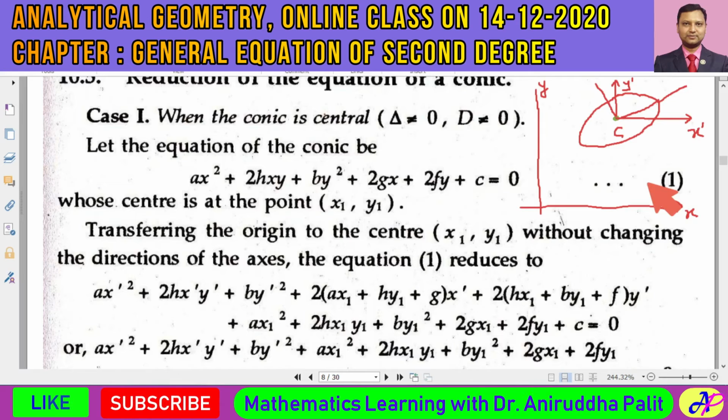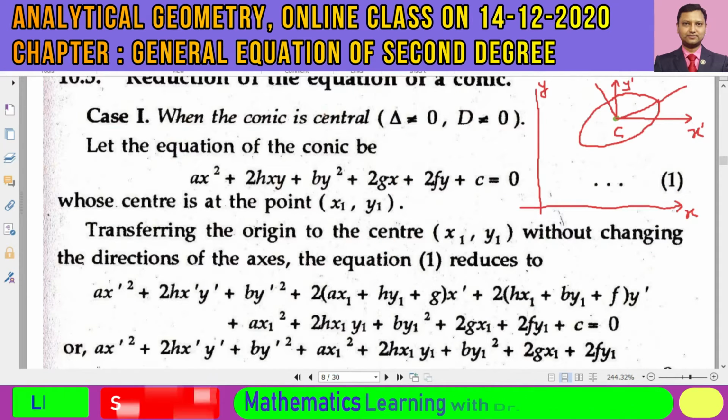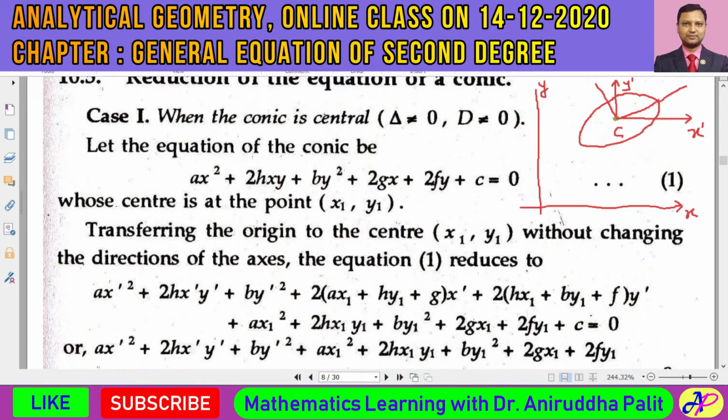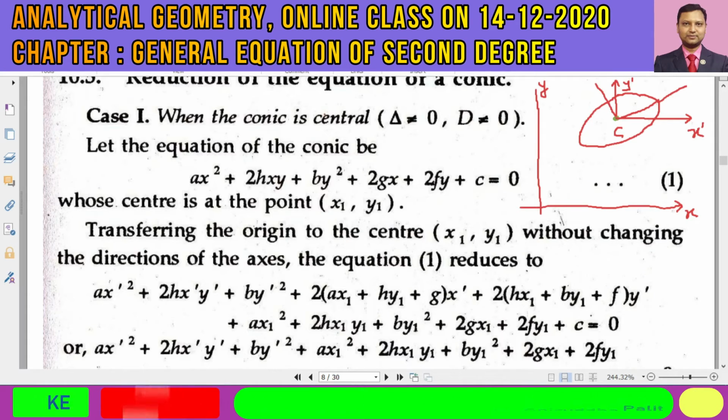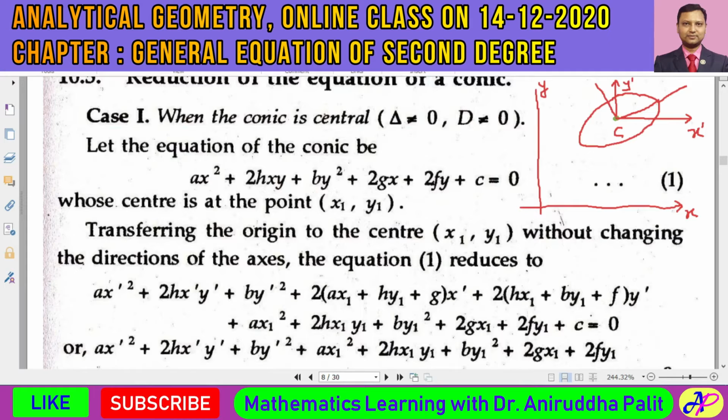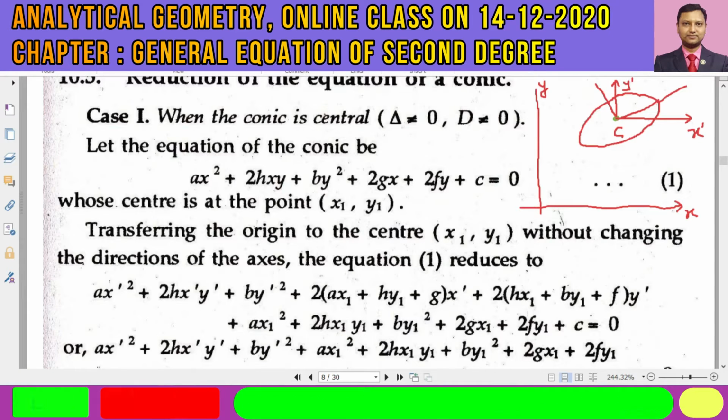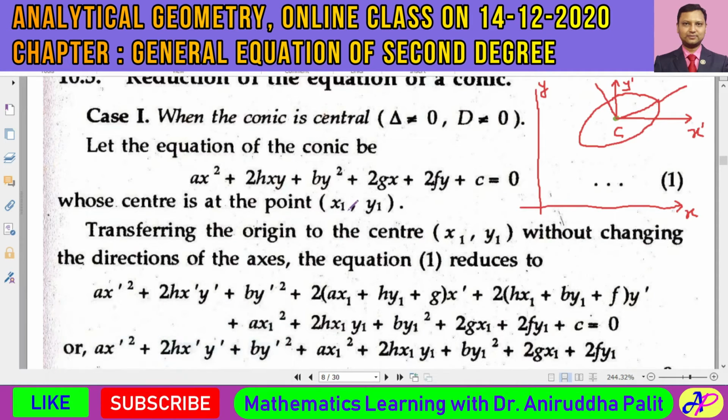Hopefully this picture is now understandable for you. Now we are trying to apply a translation, and we know that a translation would have this kind of expression. I discussed all these results in our previous class.